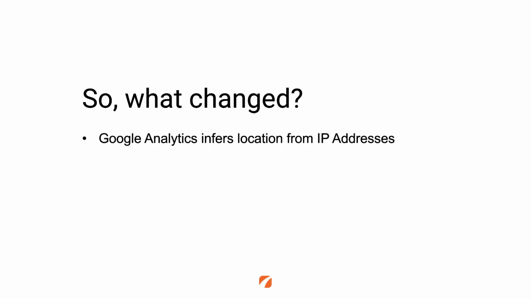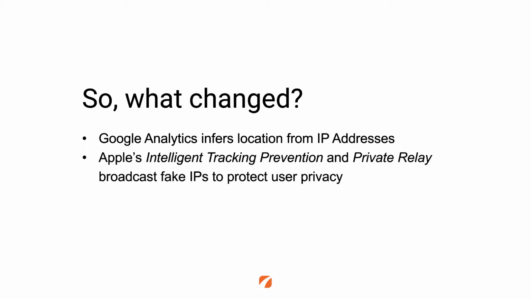Google Analytics has always inferred the location of individual site users based on their IP addresses. Two specific privacy features have been updated in the latest iOS and versions of Safari, one called Intelligent Tracking Prevention, the other called Private Relay.